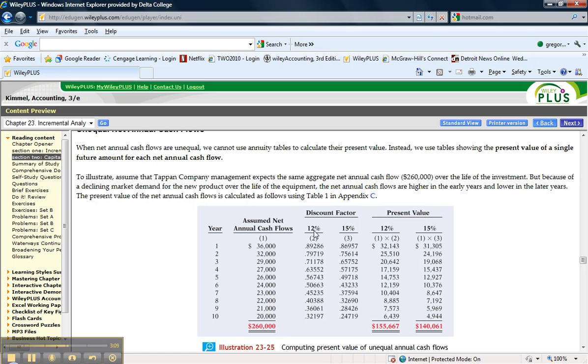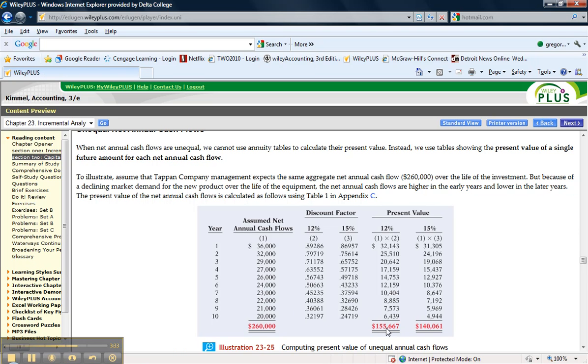At 12%, 1 year, 1 period, this is the factor. So 36 times this factor gives you 32,143. That's the present value of a $36,000 cash inflow a year from now. You do that for all of these cash inflows, add up all the present values, and you have the present value now of all the unequal future cash inflows.